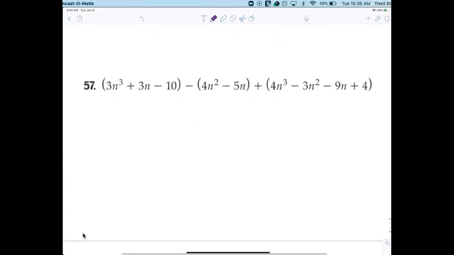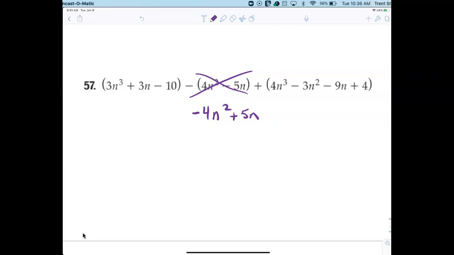Now, this one's annoying because I have to distribute a what? The negative. So underneath that, you just write negative 4n squared plus 5n. And then I cross it out so I don't make a mistake. What's the largest exponent? 3, right? So here we go. Let's combine those. How many of those do I have?